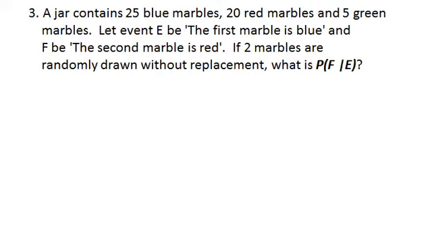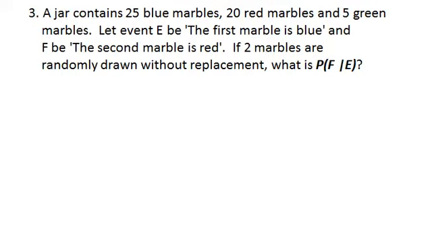A jar contains 25 blue marbles, 20 red marbles, and 5 green marbles. Let the event E be the first marble is blue, and let the event F be the second marble is red. If 2 marbles are randomly drawn without replacement, what is the probability of F given E?